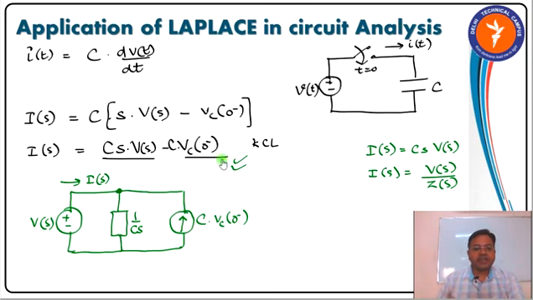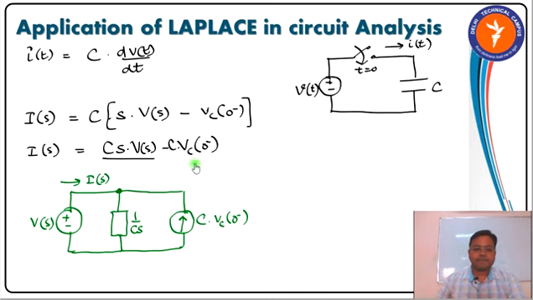Now I can rewrite this equation in terms of V(s). Let us do so. I need some space, so I am erasing it out. I will keep this V(s) on the other side.